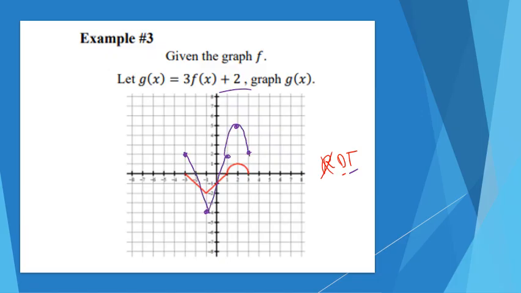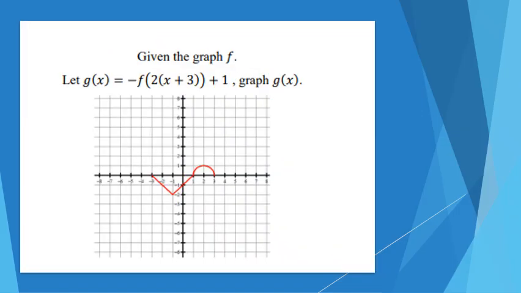And that should be our transformed function there. Right? Now we have a lot. So let's do the order that we need to. So RDT. Let's first do the vertical reflection by reflecting it over the x-axis. There we go.